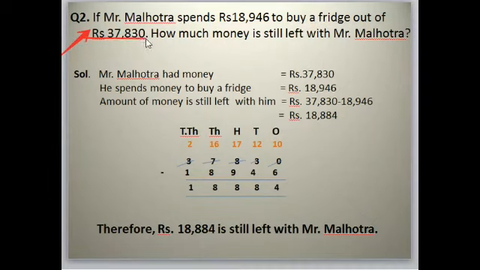Total amount of Mr. Malhotra is rupees 37,830 and he spent rupees 18,946 to buy a fridge. Now, after buying a fridge, how much money is still left?